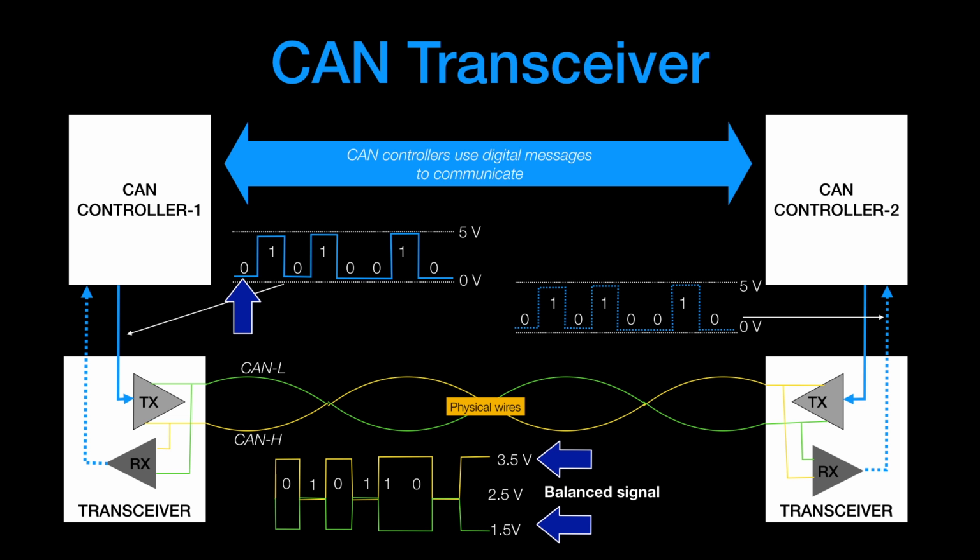It is also important to note that a 1 applied by CAN controller number 1 to the transmit part of the transceiver is going to result on the CAN bus in CAN high toggling to 2.5 volts and CAN low toggling to 2.5 volts. And it's exactly that difference in voltage that will allow the receiving part of any transceiver on the bus to make the difference between a 0 and a 1.